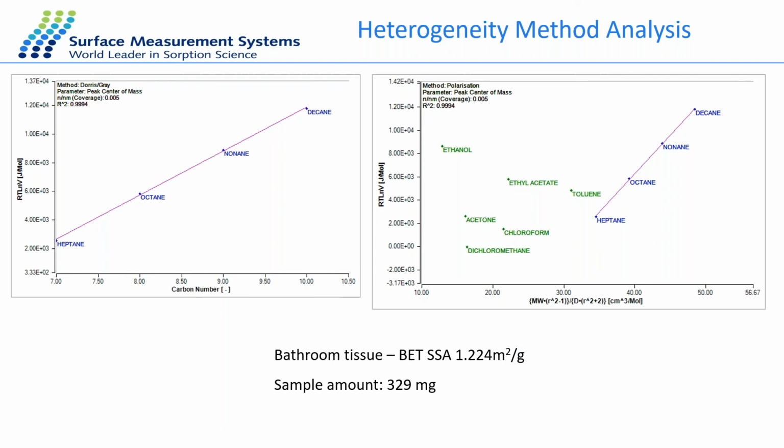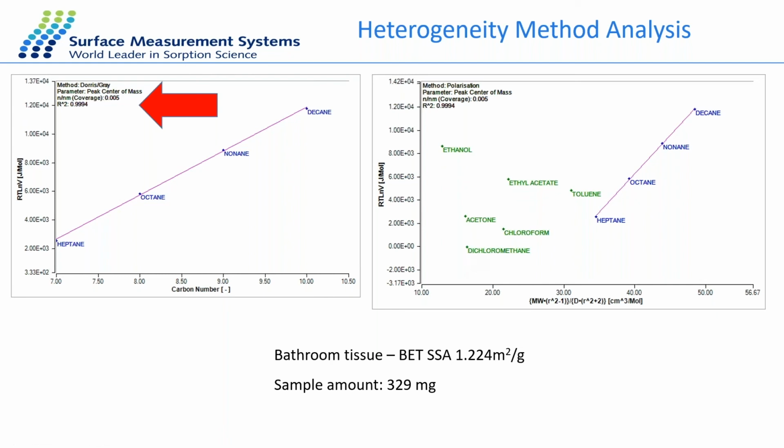And during the analysis, what you always have to check is the regression coefficients of the alkane line, and also that the polar probes should be above 0. In this case, you can see dichloromethane is around 0.